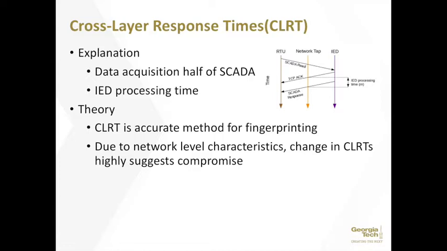The IED processing time is going to be very unique for the SCADA or ICS system because of not just the configuration and the product type, but also the physical qualities of the product itself, the imperfections and impurities, and that gives it the fingerprint. If these times change, then there's something that's not normal. There could be a compromise.